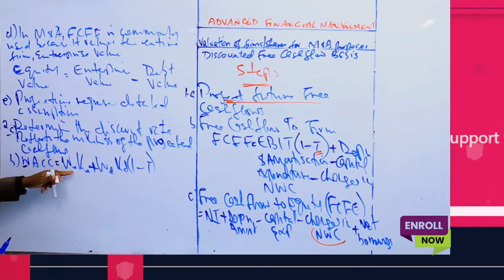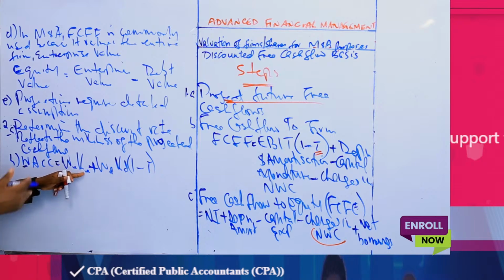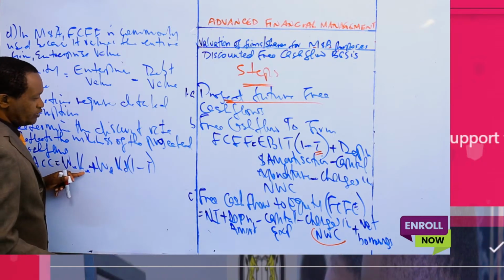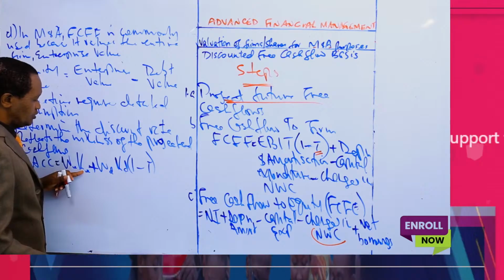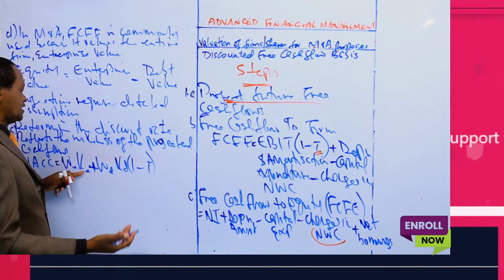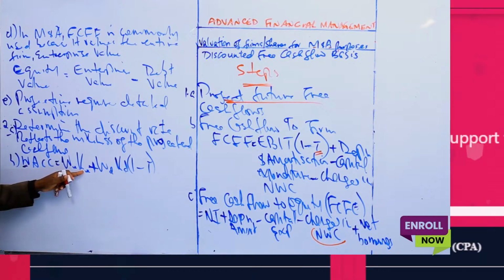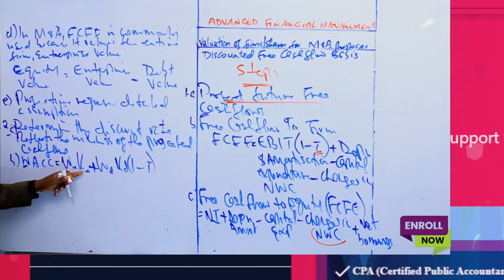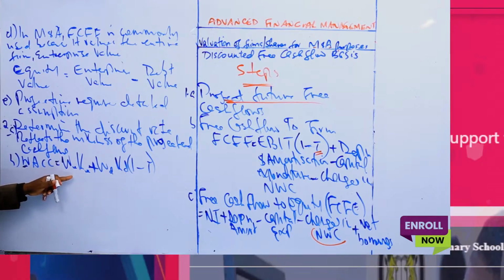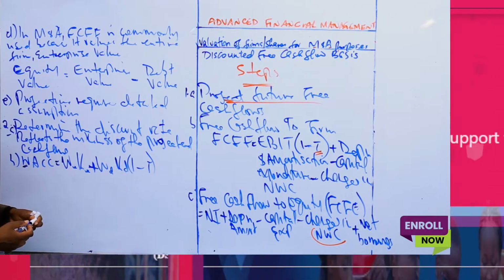Where KE is the cost of equity calculated using CAPM. You recall that's what we discussed in our last session. Then you have the market value of equity and so on.